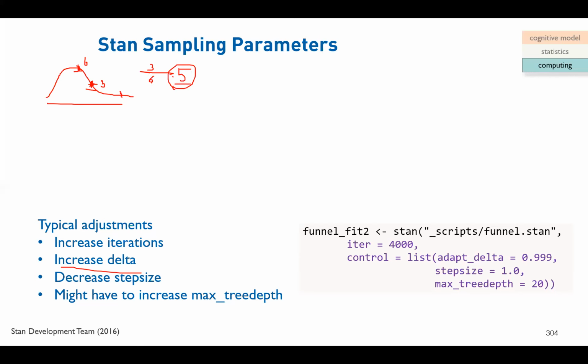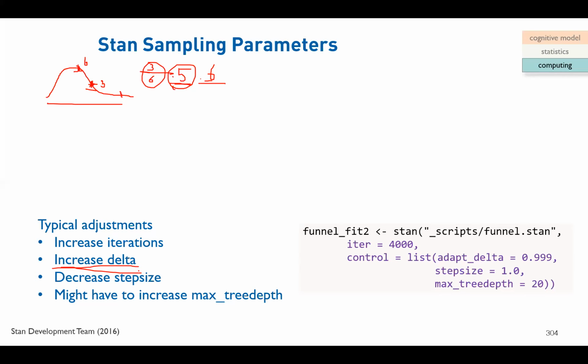Even though 3 over 6 is 0.5, you want to adjust this so that it's a little bit larger than 0.5, maybe 0.6. So even though it is also not quite high, the probability to go to the lower position is higher than the default. So this is the increased delta.